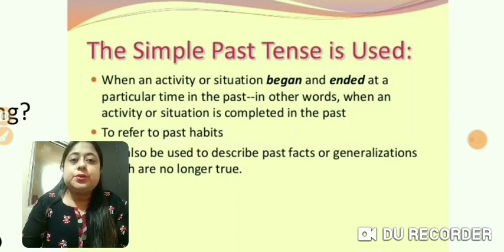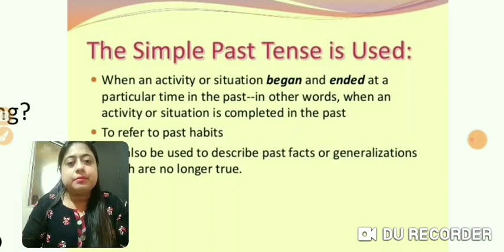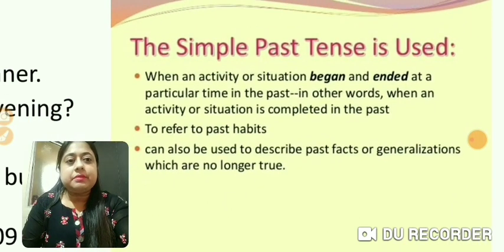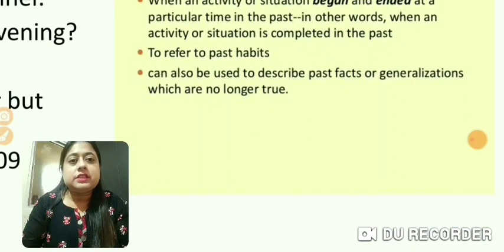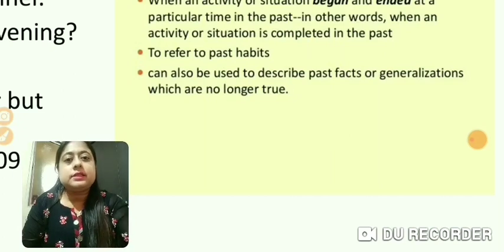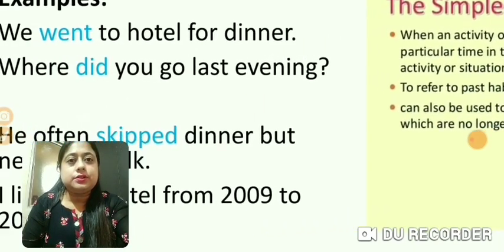Next one, to refer to past habits, means the habits which I used to do in the past time but not in present. In that case also we use past tense. Next, it is also used to describe past facts or generalizations which are no longer true, means something which continued in the past but in present it does not exist, it is not true.